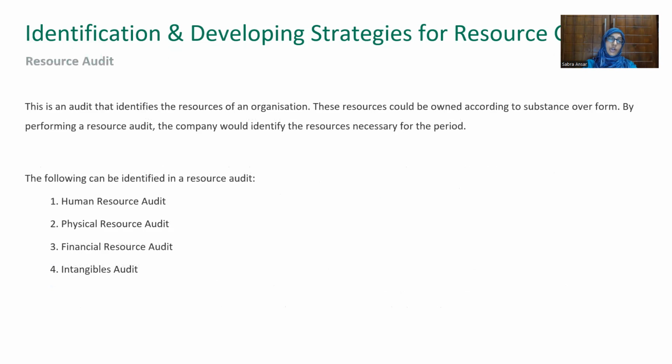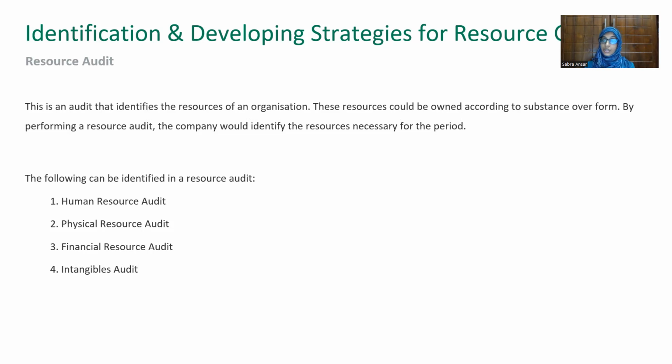In that way, the organization tries to identify the resources and see how much they have of their own and how much they can allocate, and then utilize it according to what they can, and try to achieve the target that they are supposed to achieve.